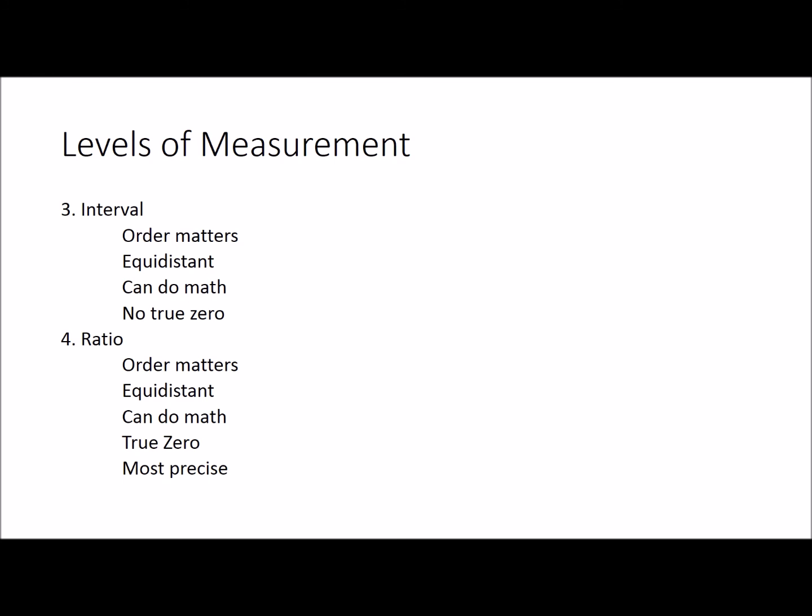So let's say we have the tallest person in the class and the shortest person in the class standing next to a desk. And we measure from the top of the desk to the top of the tallest person's head. And we find that the distance from the top of the desk to the top of his head is 3 feet.